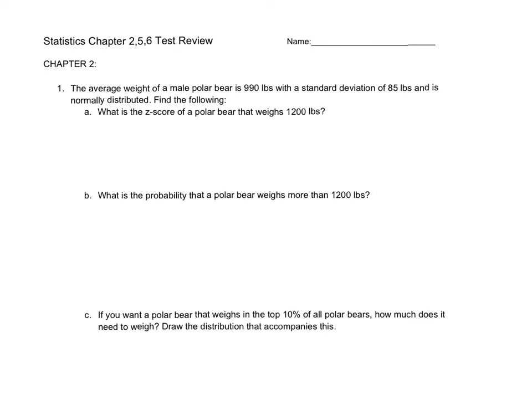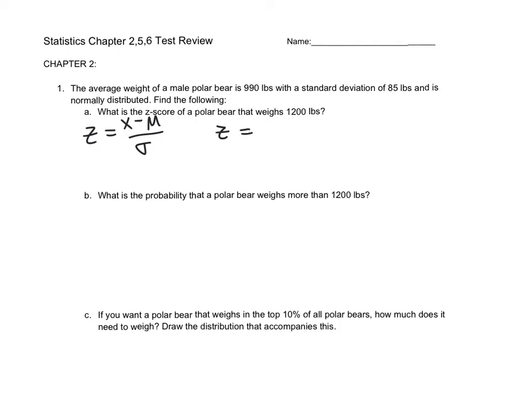So we know the average weight of a male polar bear is 990 pounds with a standard deviation of 85 pounds and is normally distributed. Find the following. So we want to know the z-score of a polar bear that weighs 1,200 pounds. So remember, the formula for z-score is x minus the mean over your standard deviation.